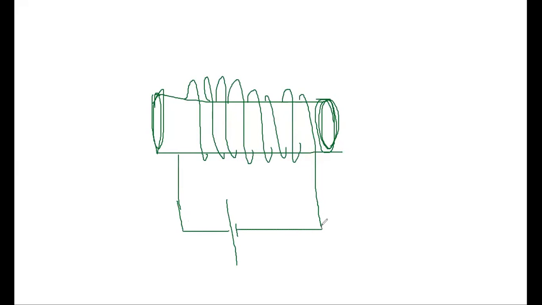This is the positive end, this is the negative end. So now current starts flowing in this conductor. This is the cardboard, and this is our conductor which surrounds the cardboard.